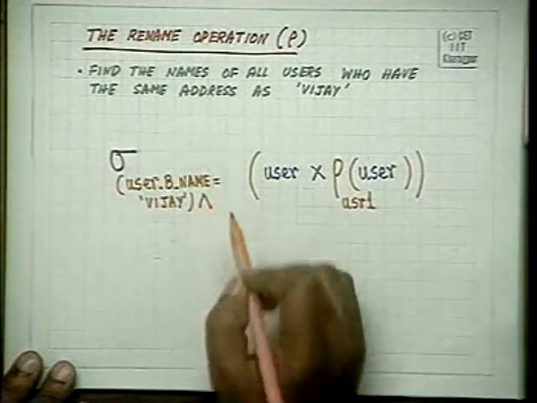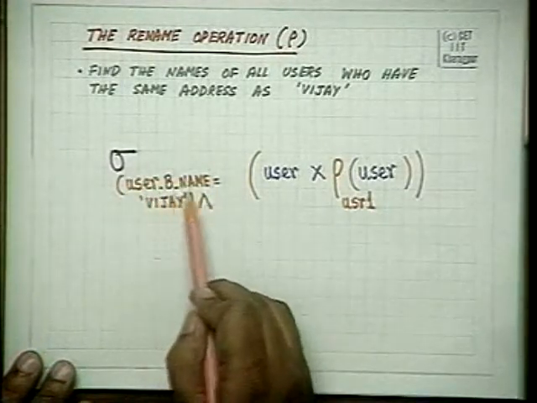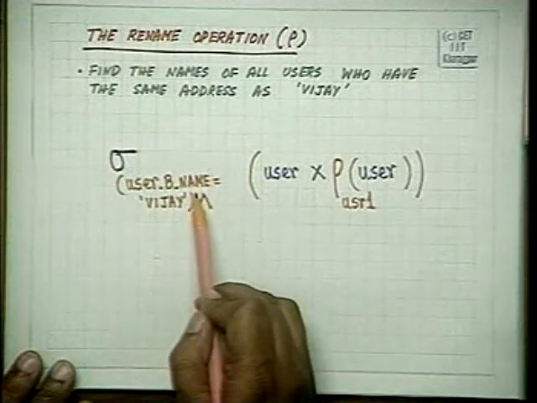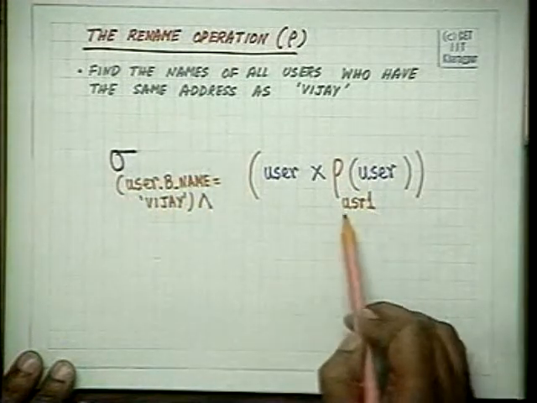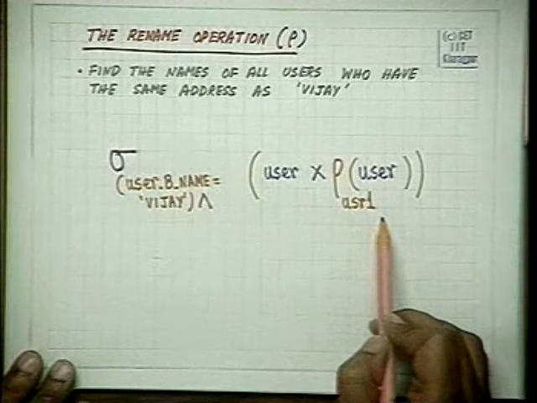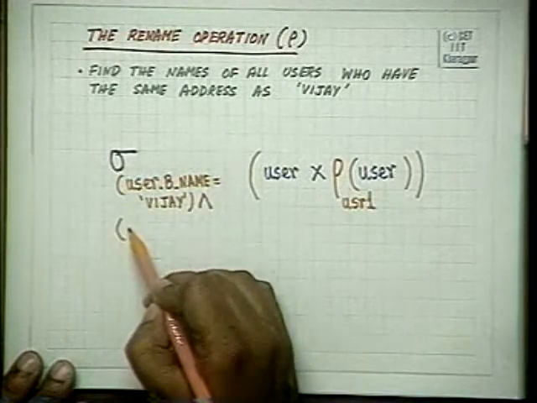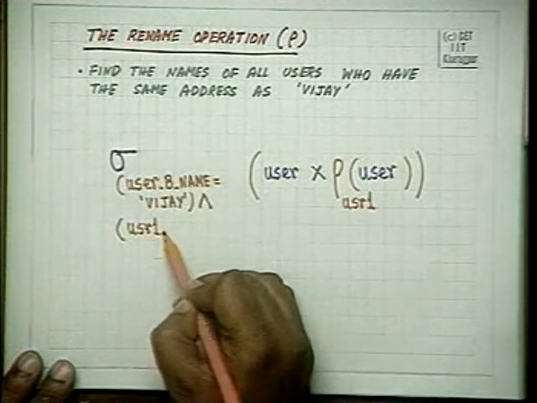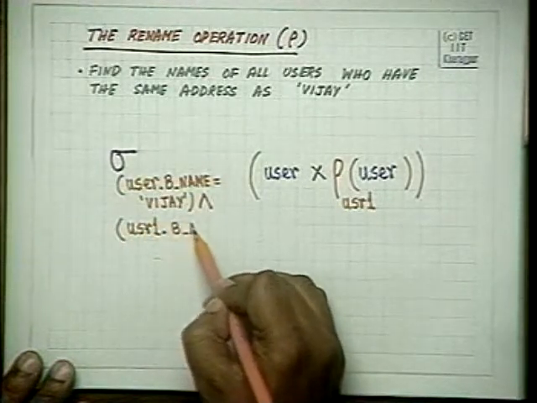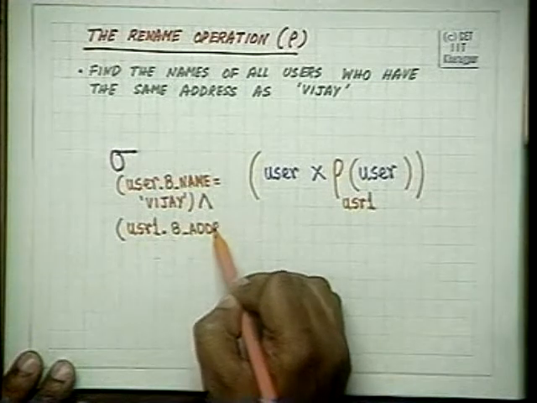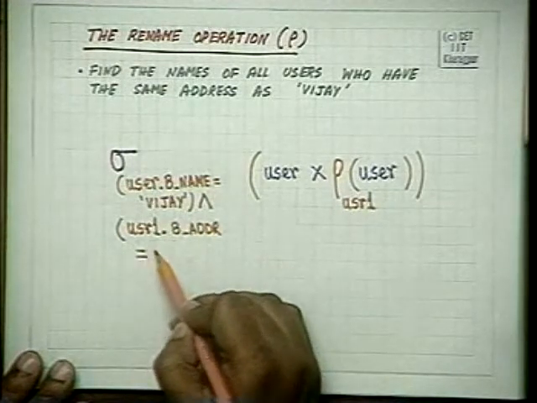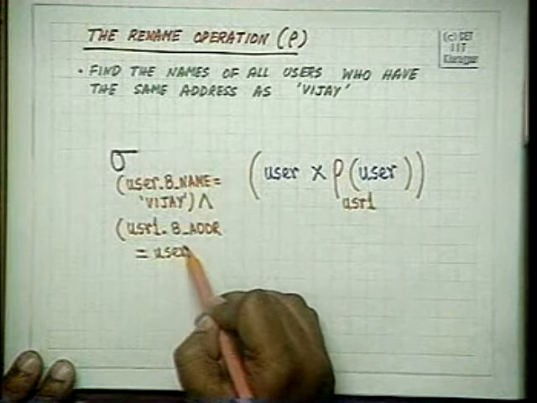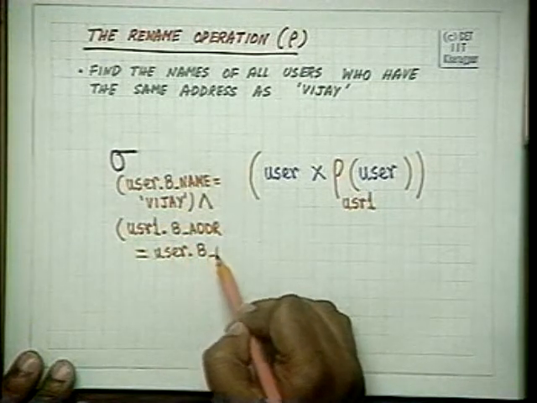And what do we want? Whatever is the address of this user dot borrower name, this address must also be the same. So we will select those tuples which have USR1 dot borrower's address equal to user dot borrower address.